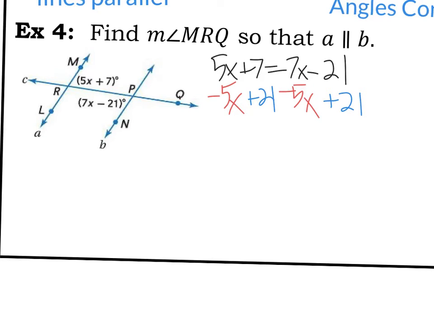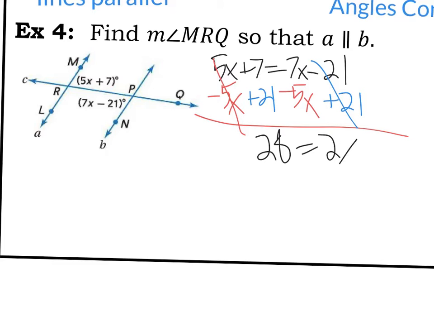People can get confused solving problems like this, but I just think of it like this. I canceled one thing on the left, so that means I have to cancel one thing on the right as well. So that way, when I combine my like terms now, 7 plus 21 is 28, and 7x minus 5x is 2x. All I have left to do is just divide. So 2x divided by 2 cancels, and then 28 divided by 2 gives me 14.